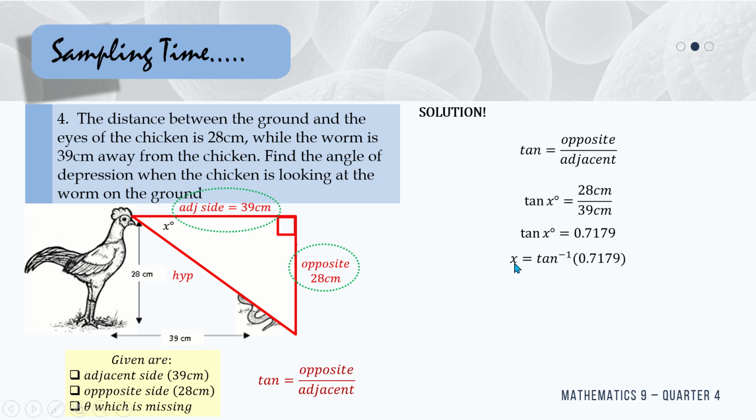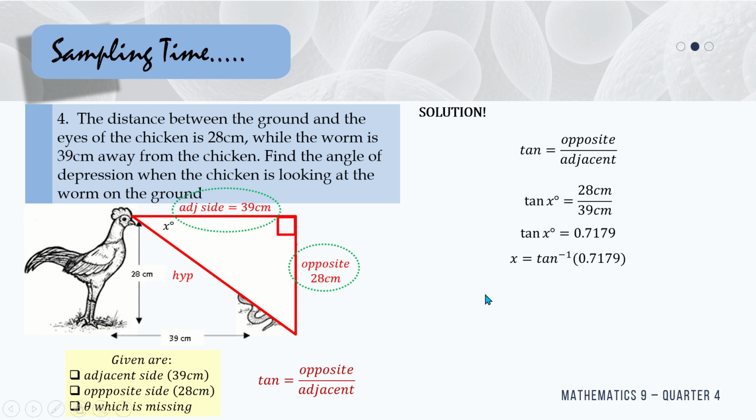So, x is equal to arc tangent. Tangent negative 1 is read as tangent negative 1 or arc tangent. So, sa scientific calculator, pinduton mo ang shift, then tangent. Automatic makita na siya sa screen tangent to the negative 1.